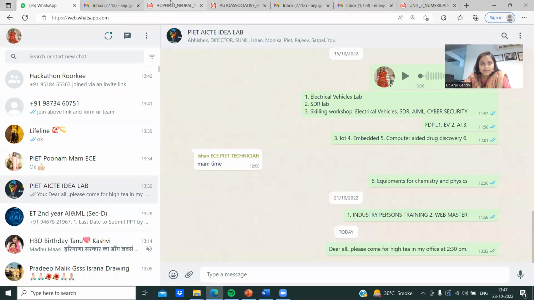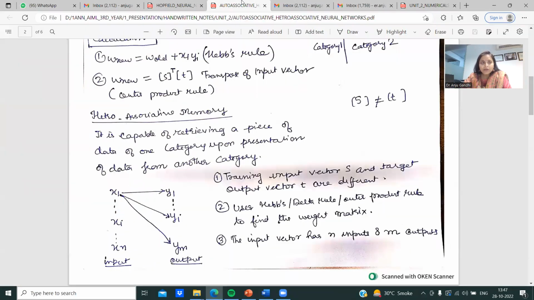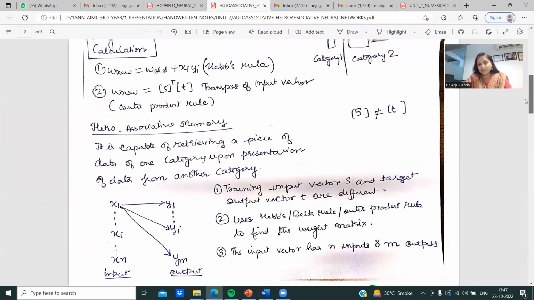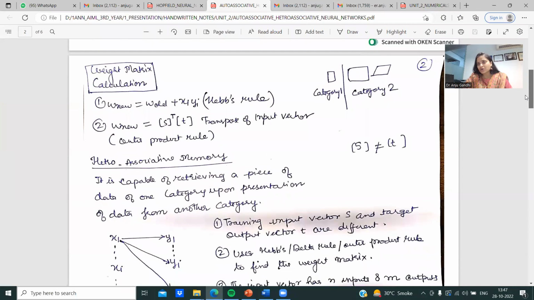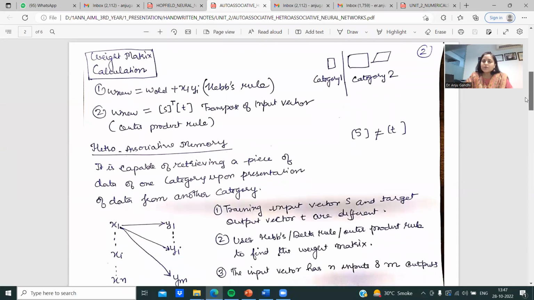Now, let us discuss what we have in a heteroassociative memory. So let me discuss the definition and the structure of the heteroassociative memory. In the autoassociative, we can recognize only a single category of images; one category can only be identified.